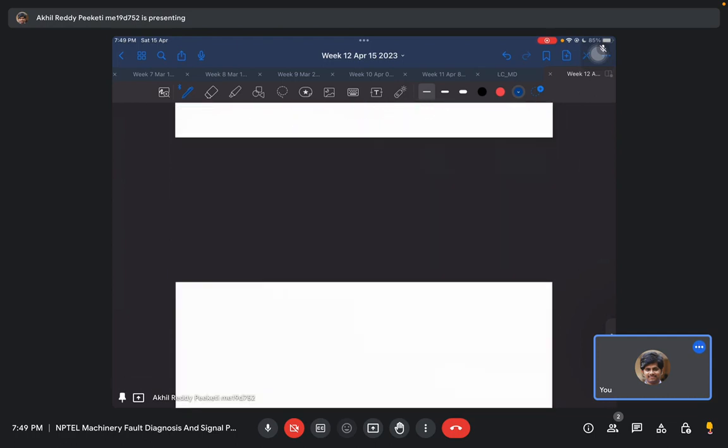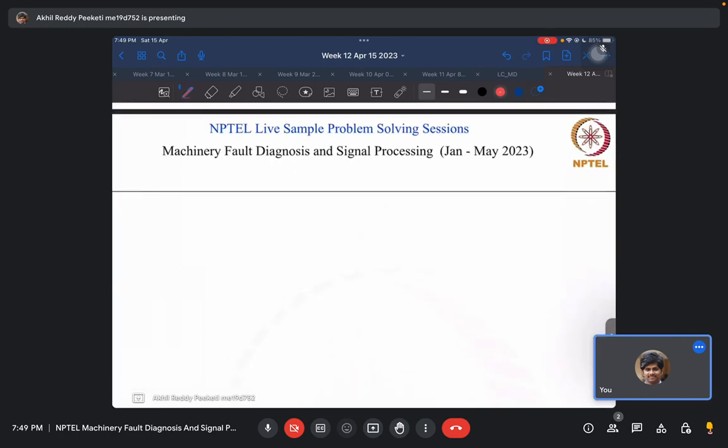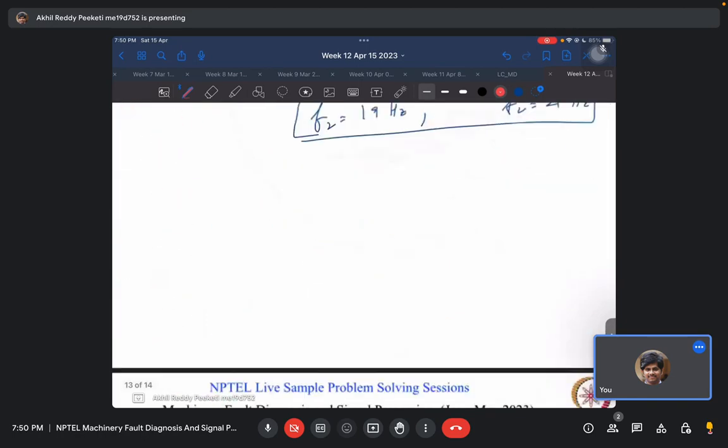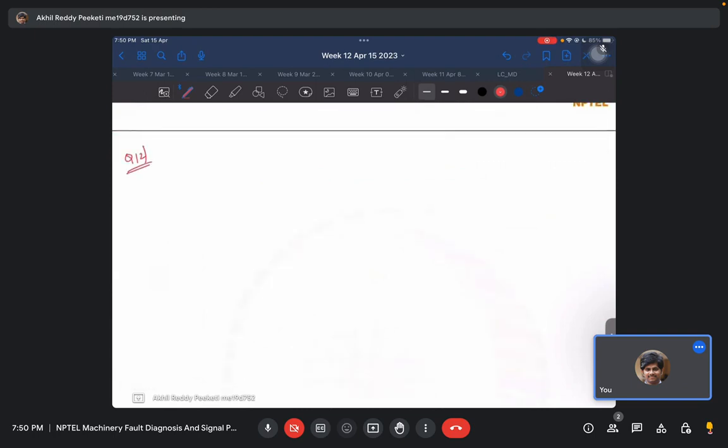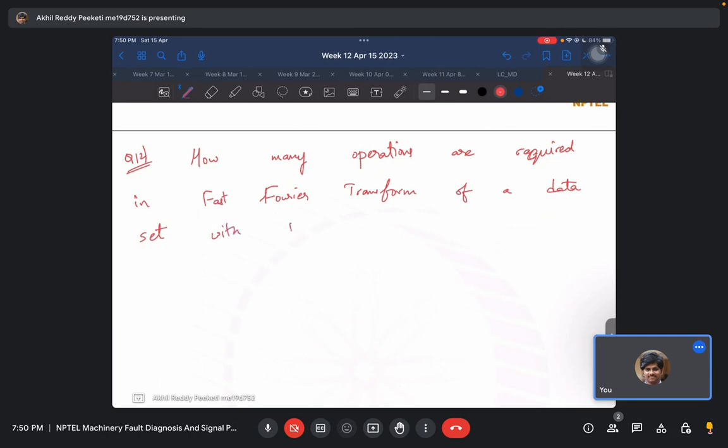Okay, let's move to the next question. How many operations, how many number of operations are required in fast Fourier transform of a data set with n number of points?